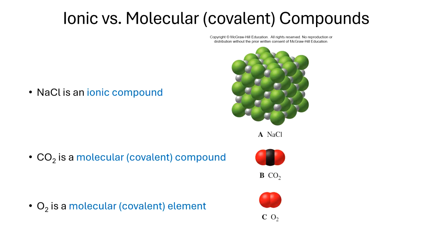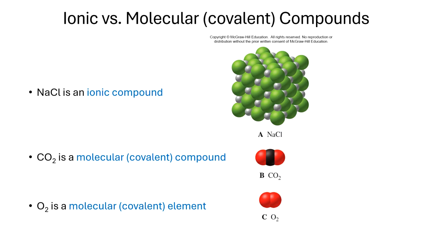You can see in the picture here, the big greenish balls are the chlorine atoms, and the small grayish balls are the sodium atoms. They are in a very regular cubic structure. So the positive charges are near the negative charges, and the negative charges are near the positive charges.